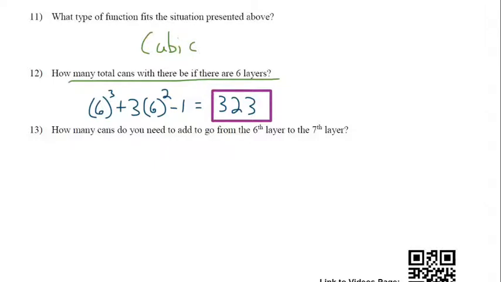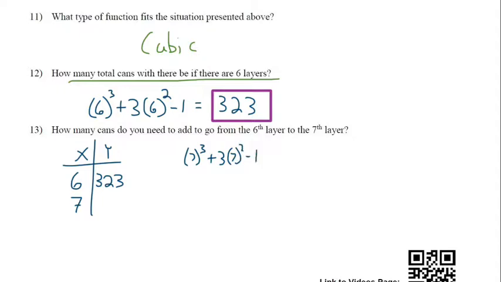And then last but not least, how many cans do you need to add to go from the 6th layer to the 7th layer? I'm going to create myself a little table real quick. I already know on the 6th layer there are 323 cans. I need to know the 7th layer. So that's 7 cubed plus 3 times 7 squared minus 1.